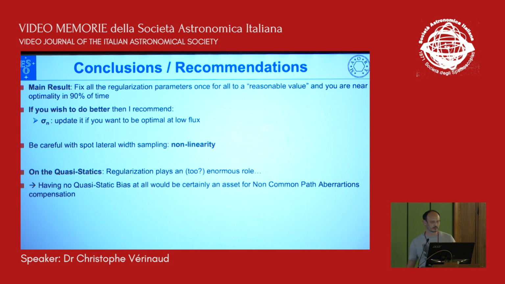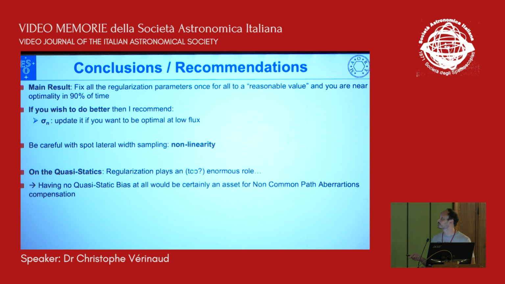So my conclusions. One of the main results of all this work was to say that yes, we can fix all the parameters once and for all to a reasonable value, and you are near optimality 90% of the time. If you wish to do better, then you can still at least update sigma n, which is the noise parameter. So you have to be careful with the sampling of the lateral width of the spot.